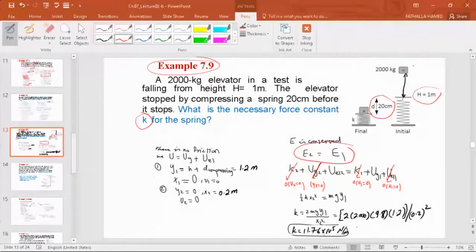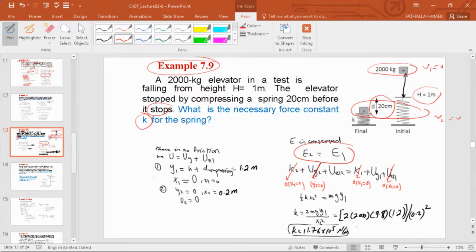E1 is when the elevator starts from here, and E2 is when the elevator comes here. When you start from here, v1 is equal to 0, and when you come here, v2 is also equal to 0 because you stop. The moment it stops there, you're reaching the maximum compression of the spring.